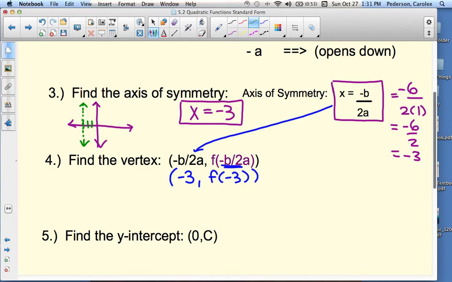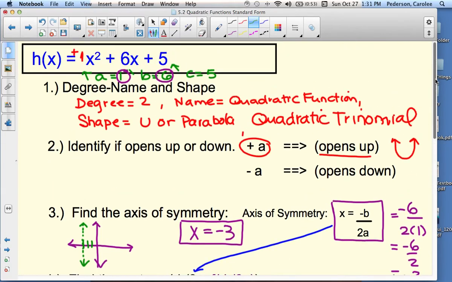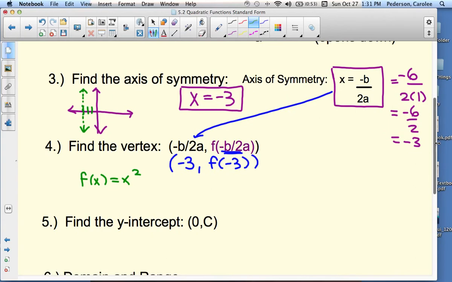Our original function was f of x equals x squared plus 6x plus 5. We're going to find out what is f of negative 3. So replace the x with negative 3, and simplify this.